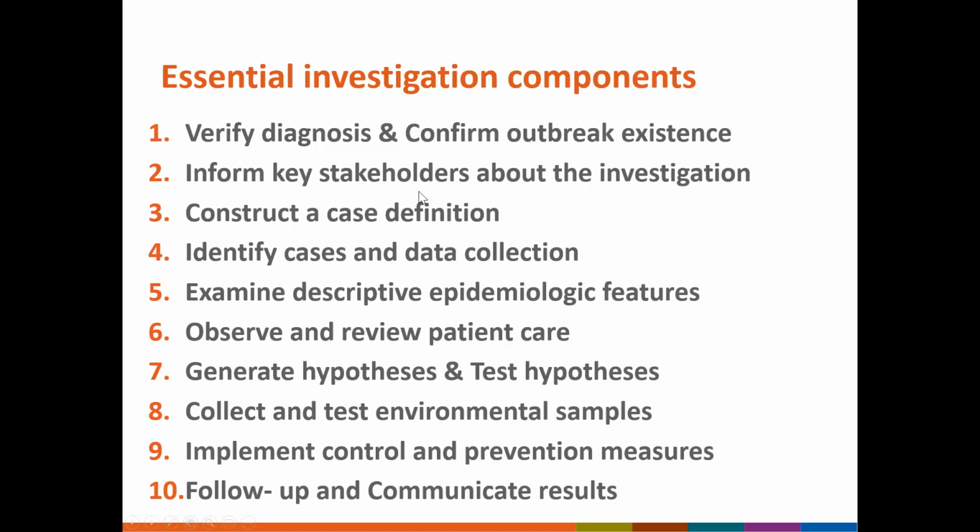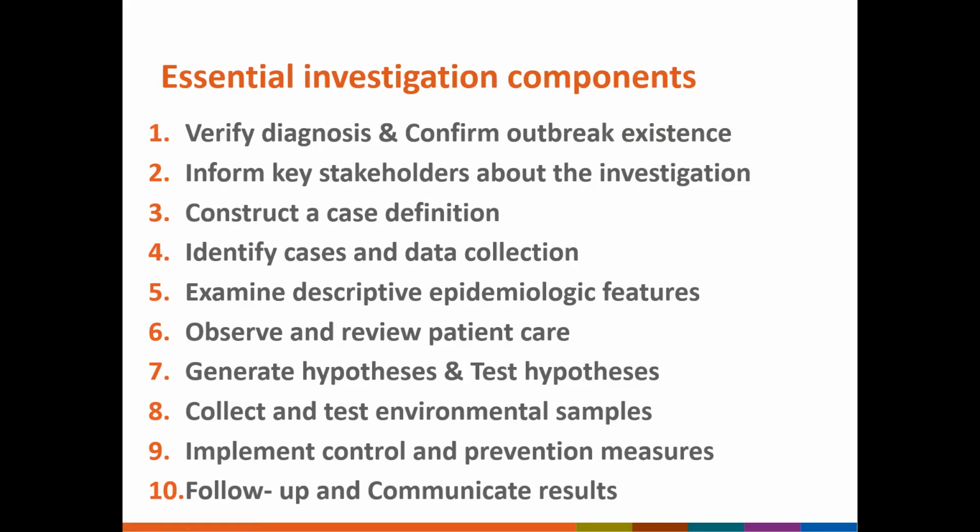Second step is informing key stakeholders about the investigation. Third step, constructing a clear case definition so that you know what to measure. Fourth step is identifying cases and data collection based on the constructed case definition. Fifth step is examining descriptive epidemiological features. Sixth step is observing and reviewing patient care.